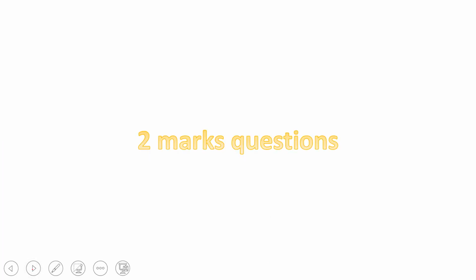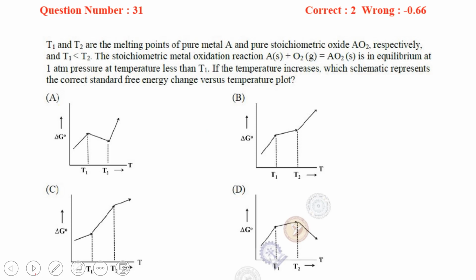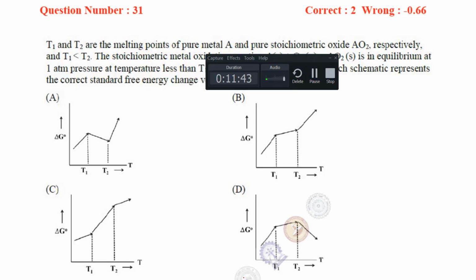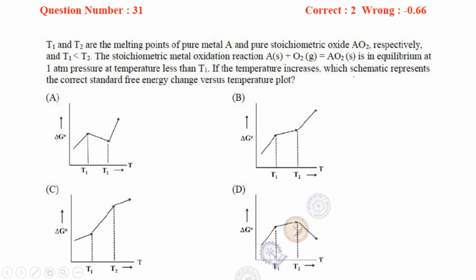Okay guys, so now let us move to 2 marks questions. Okay, so in the 2 marks questions, the first question is: T1 and T2 are the melting points of pure metal A, okay, and pure stoichiometric oxide AO2.